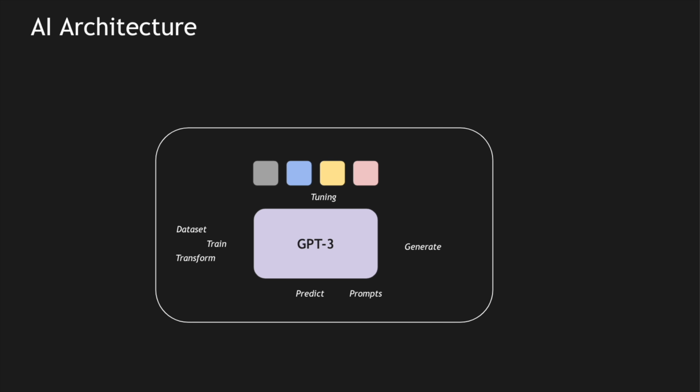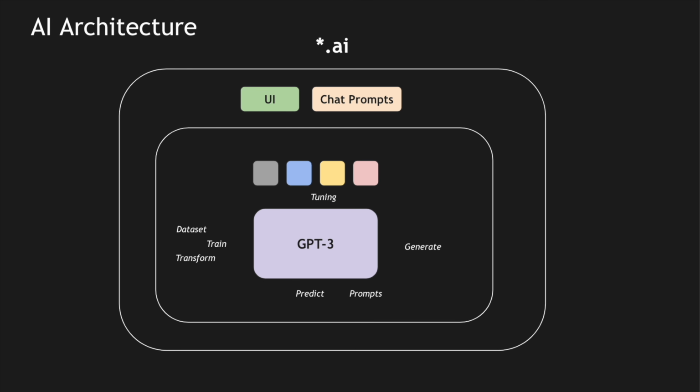Let's imagine that people are building on top of OpenAI. What folks might be doing is they have the LLM, they build a UI on top of it, they build chat prompts with which they can fine-tune these particular prompts, and they just name it star.ai, right? I mean, just put whatever in the front.ai, and this is what most folks are doing. They're just wrapping around existing LLMs.